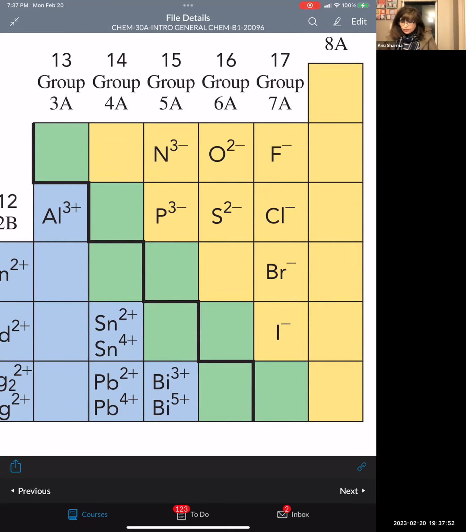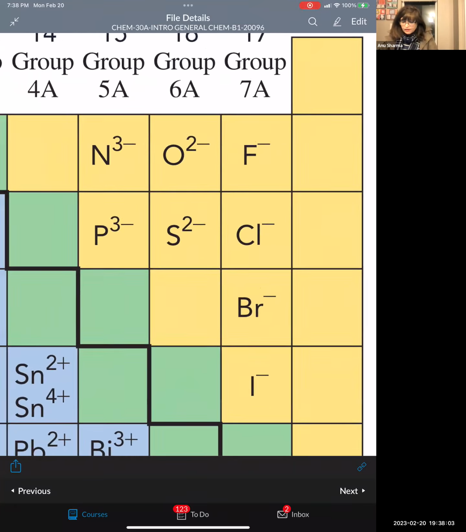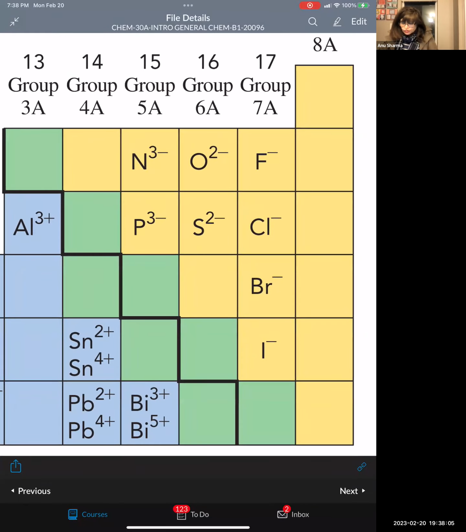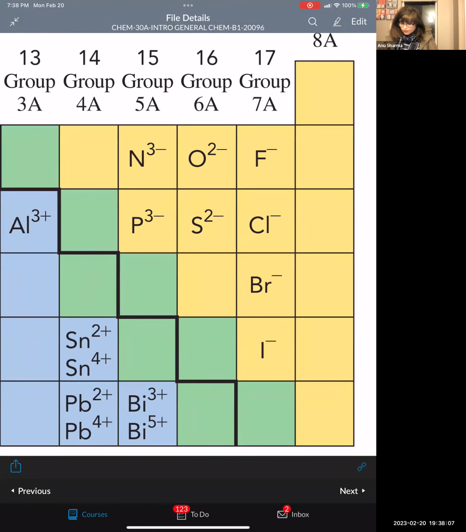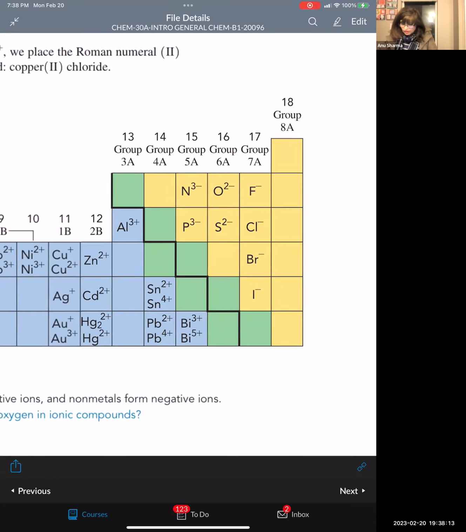So the whole idea of groups 5A, 6A, 7A gaining electrons is to have the electronic configuration of the nearest noble gas in the same period. Gaining electrons is energetically more feasible because by gaining just 1 electron, they get the octet. Okay, that's the deal with the non-metals.